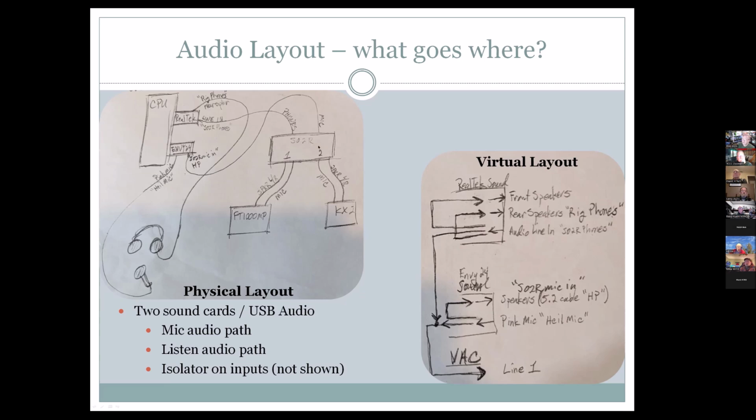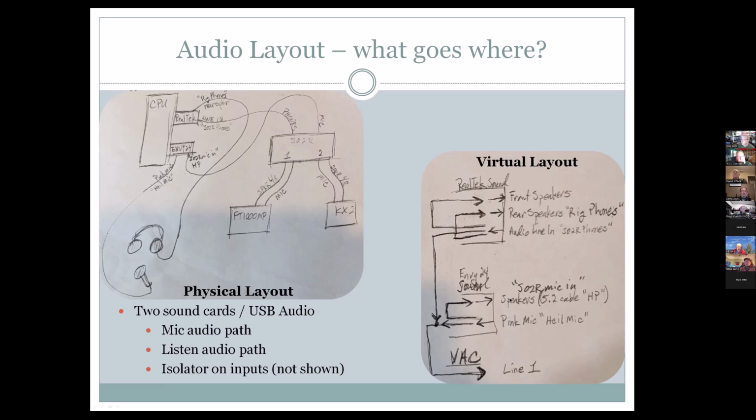The headphones output from either of these two radios gets piped into the phone output of the SO2R box. That goes into the microphone in or line in of the second card, and then comes out as my headset. So that's basically what the physical connections look like.